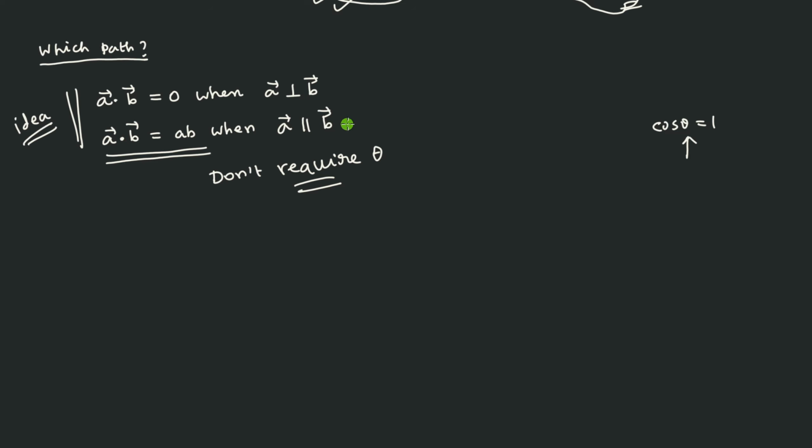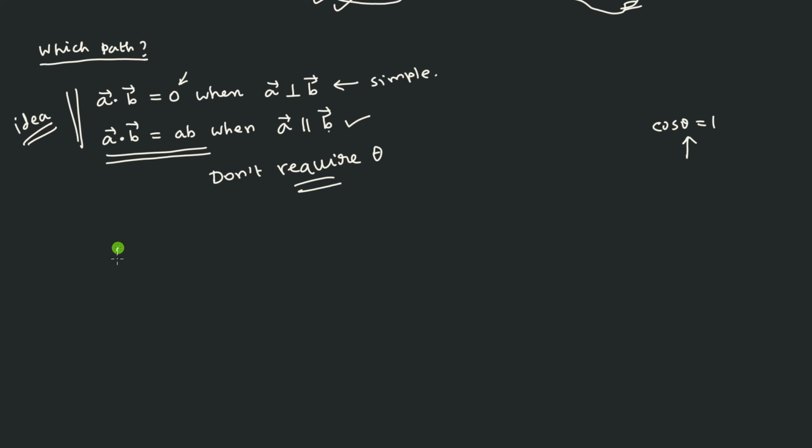That is why this equation is a simple equation. Forget about requiring theta, in the perpendicular case the answer itself is 0. So therefore, evaluation of A dot B happens to be simple under two special conditions. One condition is A perpendicular to B. The second condition is A parallel to B.